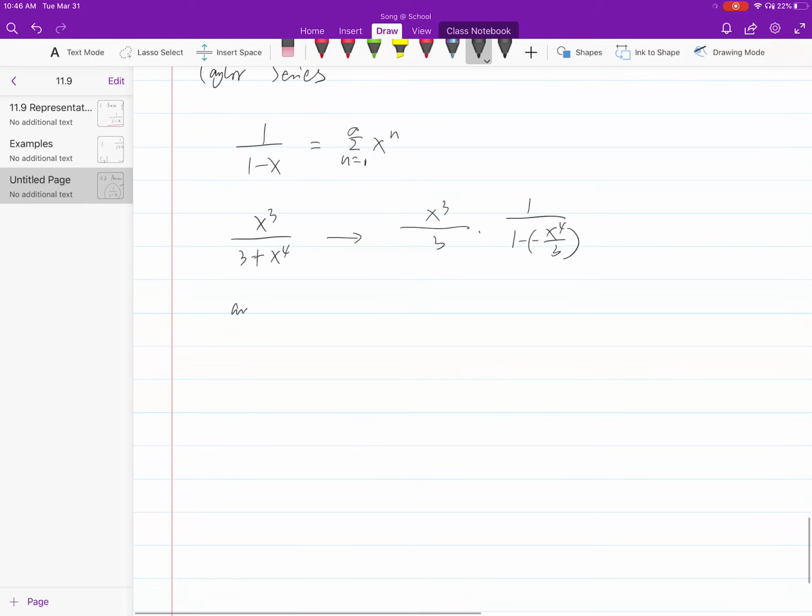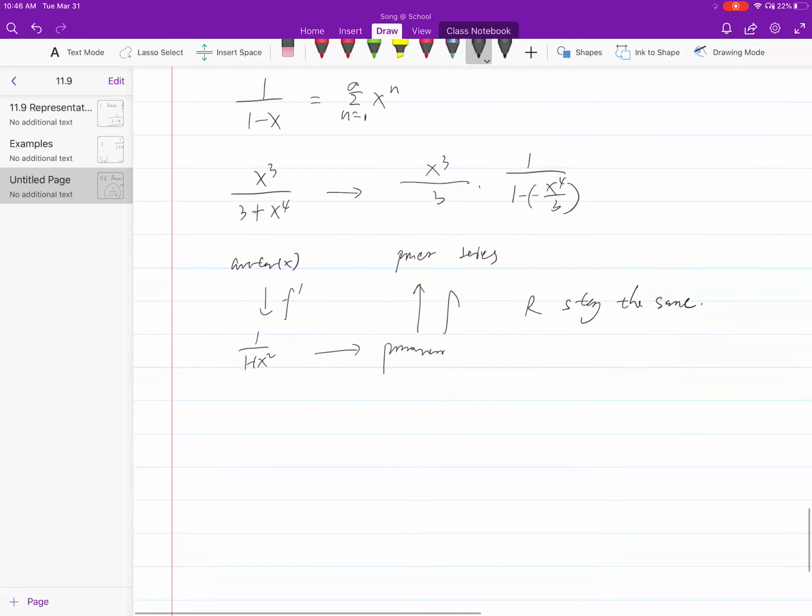Now, if you have something like this, we go a detour by taking the derivative, do the power series, take the integral, and get the power series. Moreover, R stays the same. That means your interval of convergence roughly stays the same. Only the end points can change.